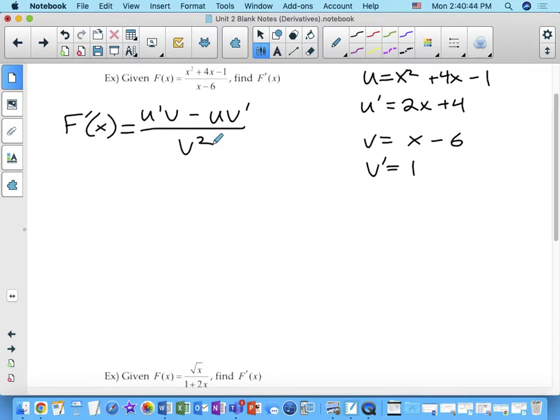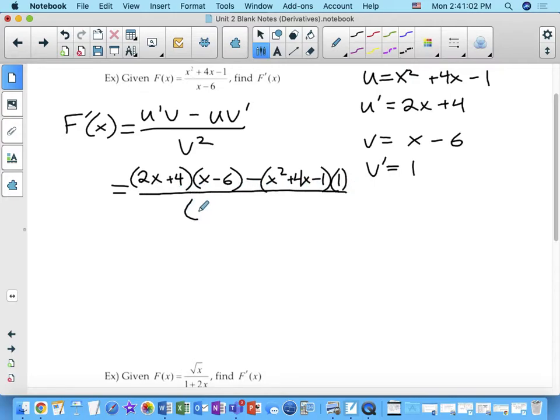And that is 2x plus 4 times x minus 6 minus x squared plus 4x minus 1 times 1, over x minus 6 squared.